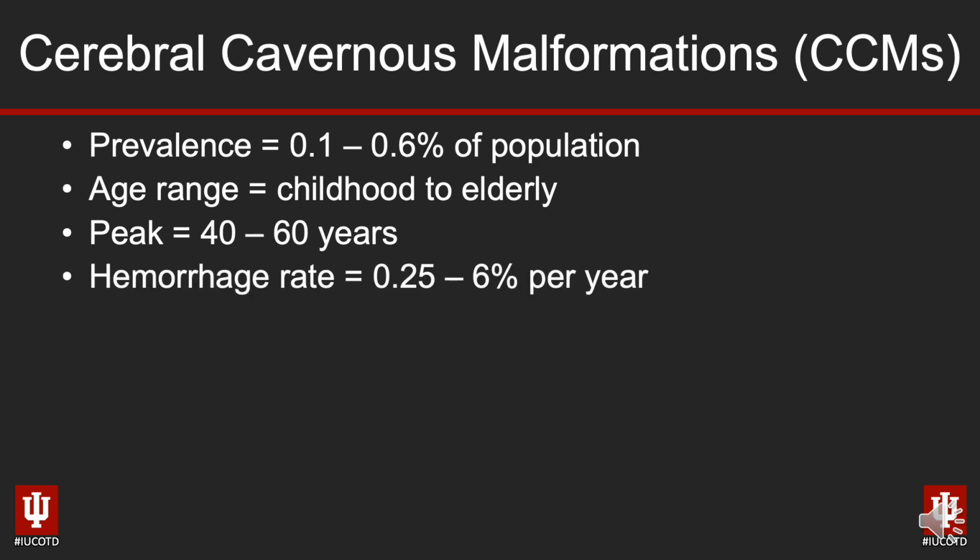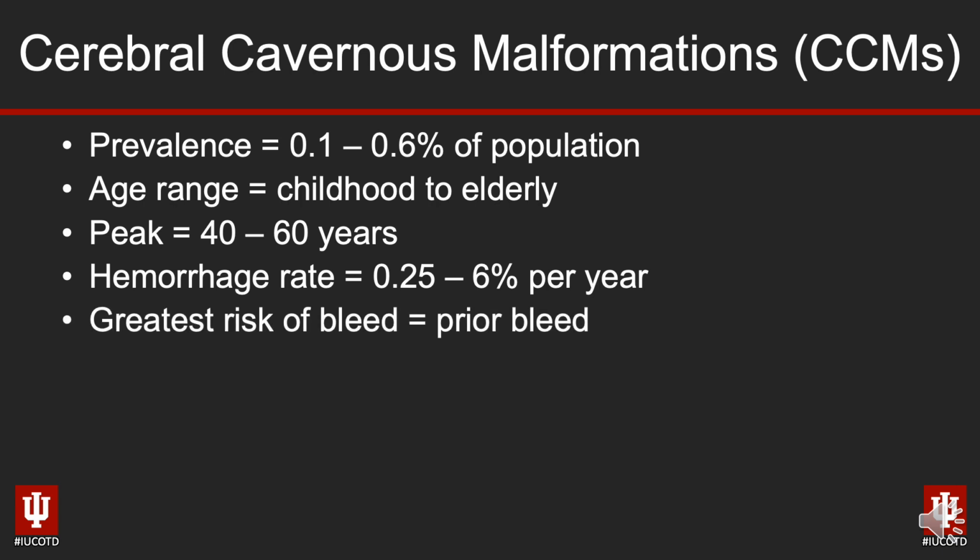The rate of hemorrhage within an individual cavernous malformation is variable. It may be as low as 0.25% all the way up to 6% per year. But the greatest risk of someone having a hemorrhage of a cavernous malformation is if it's bled before. So if it's bled before, the risk is much higher that it's going to bleed again. And the more often they bleed, the higher the risk of them bleeding more and more.